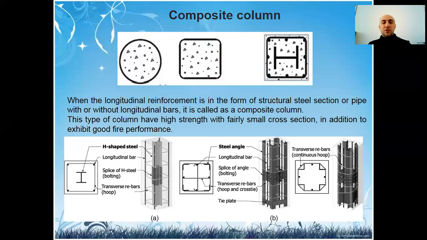Next one is the composite column. Nowadays we can see a lot of structures, big, small, modern, and old, just modern skyscrapers. These structures are made out of extraordinary attainments in science and engineering.